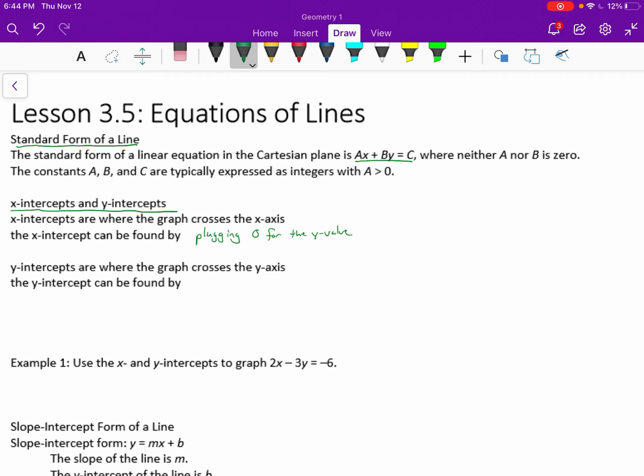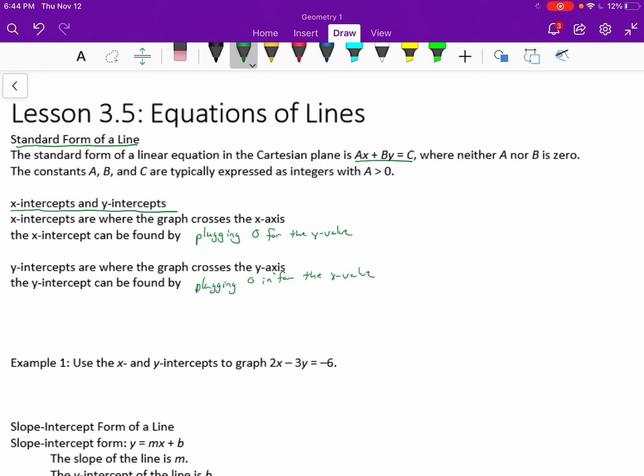So if you want to find the x-intercept, you plug in 0 for y. Y-intercepts are where the graph crosses the y-axis, and the y-intercept can be found by plugging 0 in for the x value.